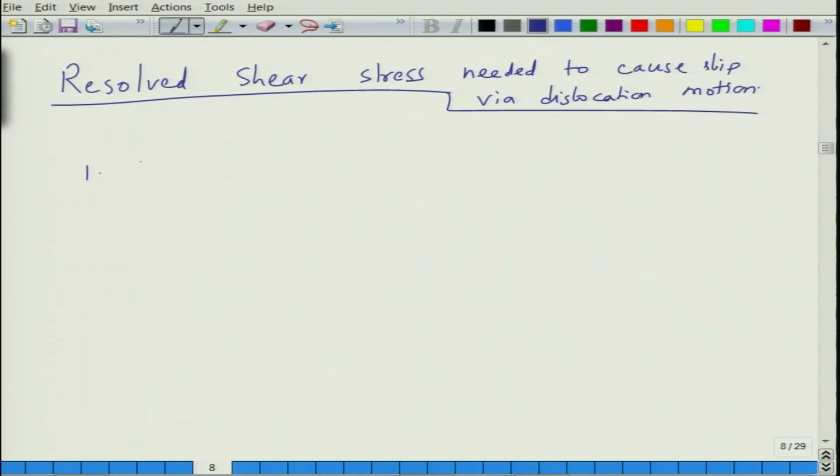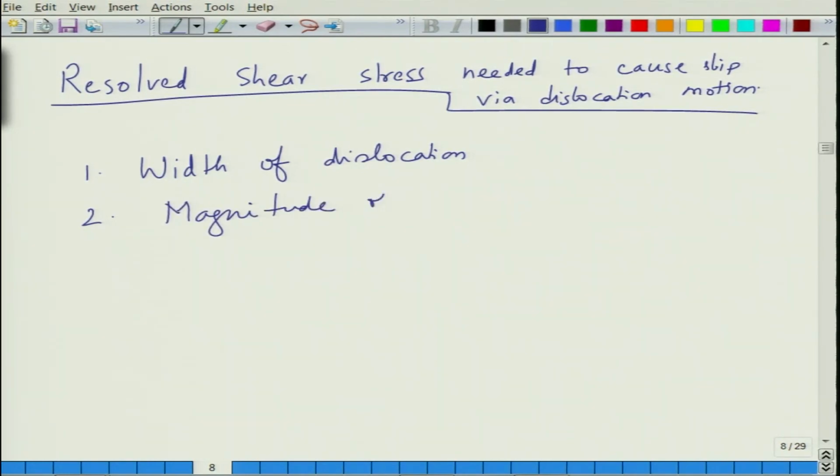One is the width of dislocation, second is the magnitude of Burgers vector. So what do we mean by, first of all, width of dislocation?